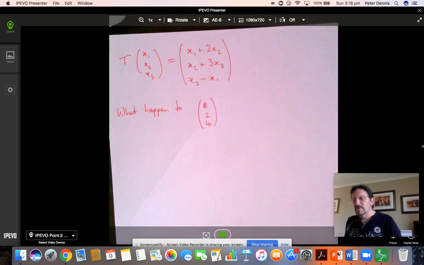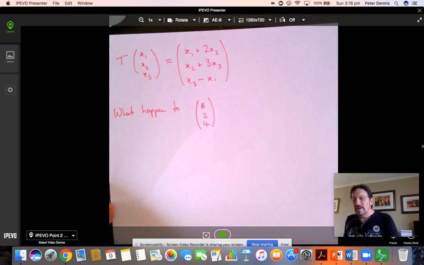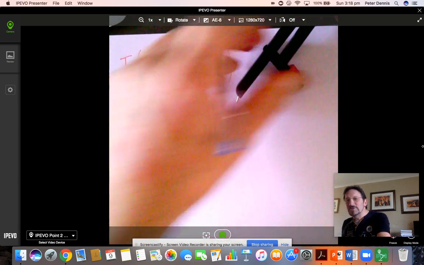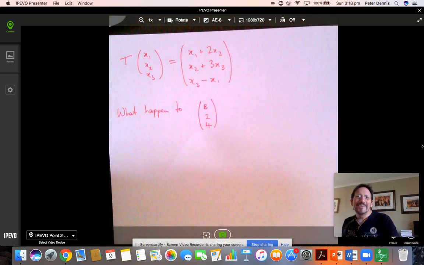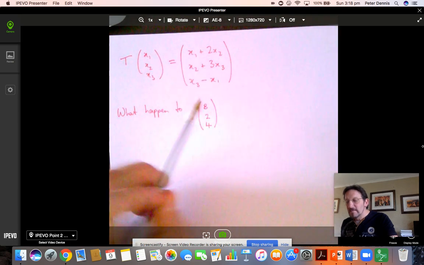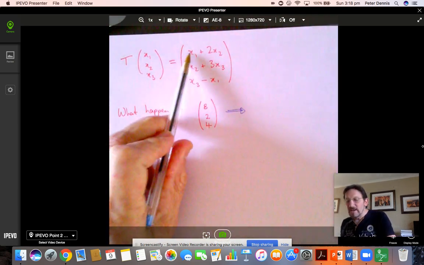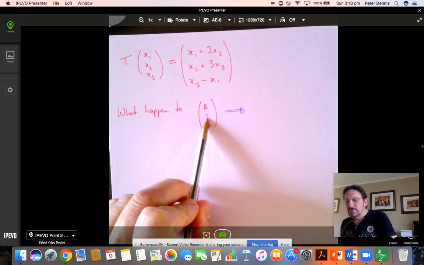So what happens to this point here, 8, 2, 4? Well, 8, 2, 4 under this transformation becomes, what does it become? It becomes 8 plus 2 times 2, which is 4.